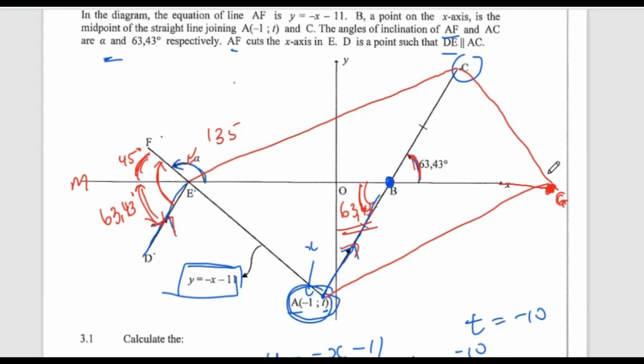One thing we know about a parallelogram is that the diagonals bisect each other, which means the distance from A to B must be the same as the distance from B to G. So B is still a midpoint. What we don't know are the coordinates of E. If we can get the coordinates of E, then we can get the coordinates of G.